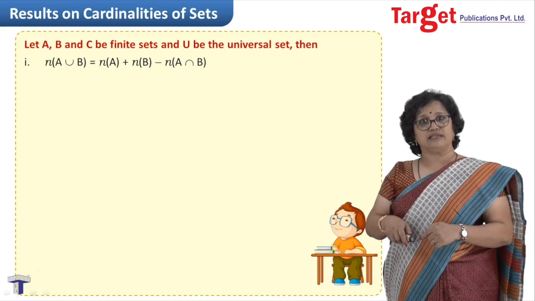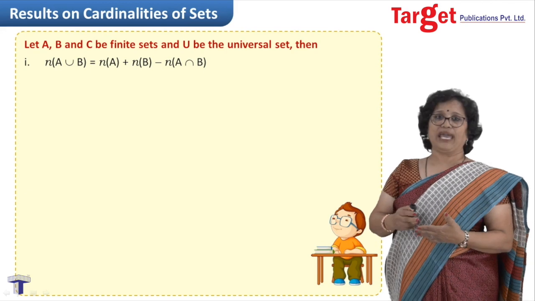So we need to subtract once. So we subtract the number of elements of A intersection B.